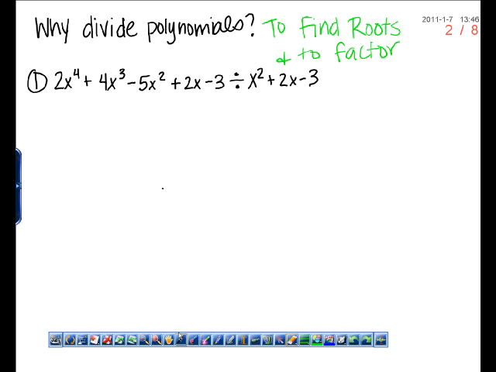All right, so we're going to start off the same way again. This is what I'm dividing by, x squared plus 2x minus 3.